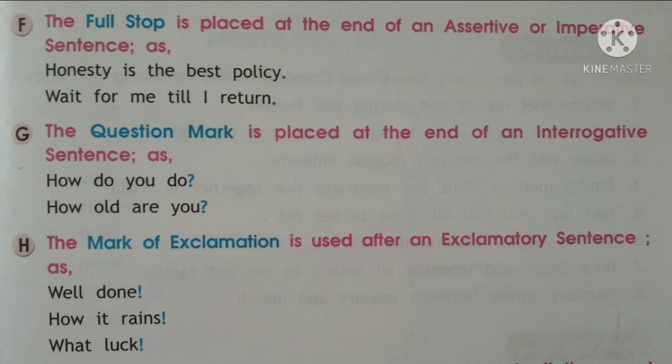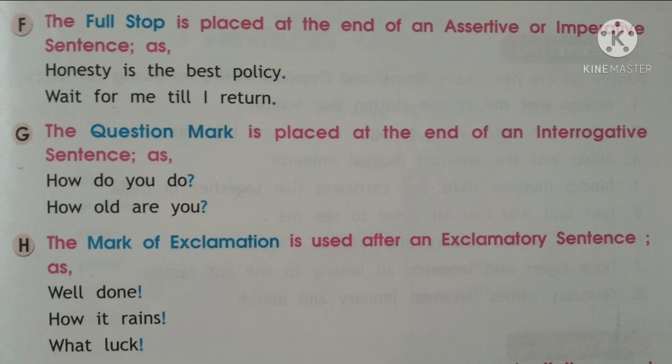The next punctuation is the mark of exclamation, which is used after an exclamatory sentence. An exclamatory sentence is a sentence where you show sudden happiness or sadness or something which comes out eventually. So, "Well done!"